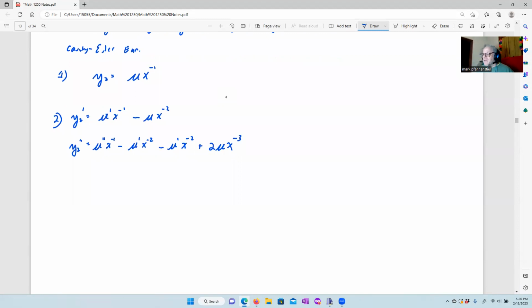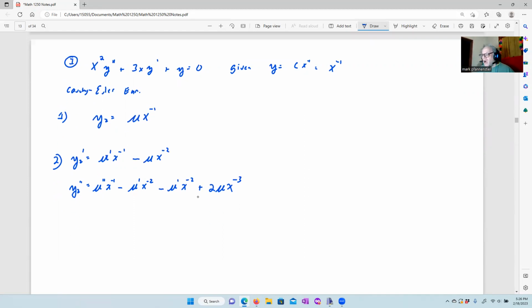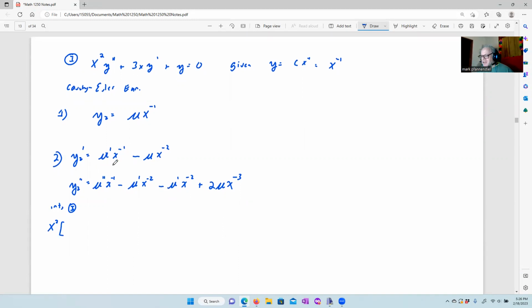What we're going to do now is insert this into our original problem. We were given an original problem here, so we're going to call it I. We can plug our solutions into I. So what we're going to have here is x squared times our second derivative.